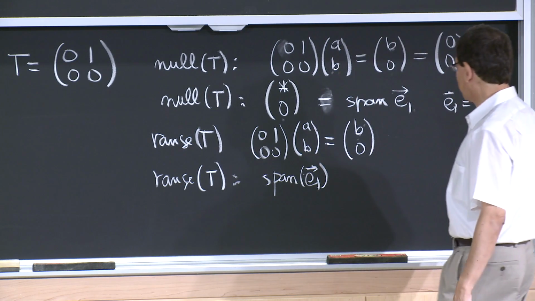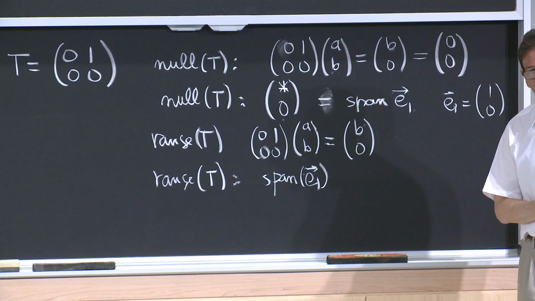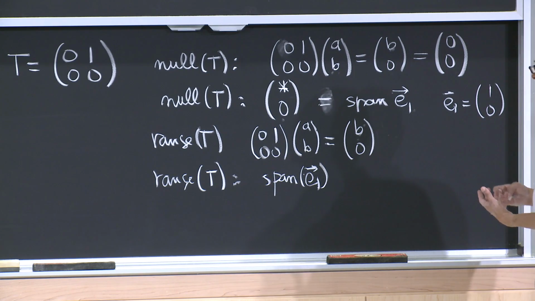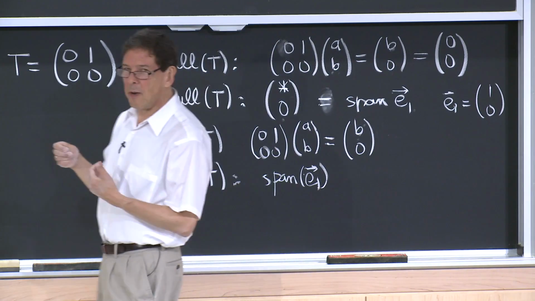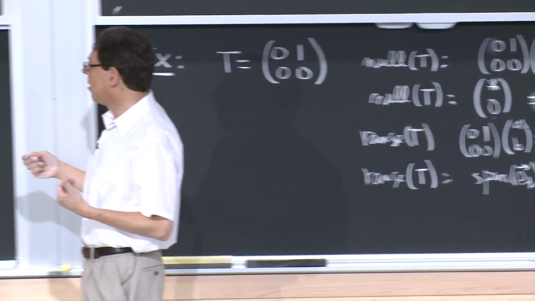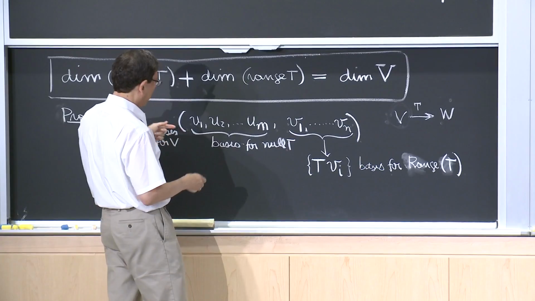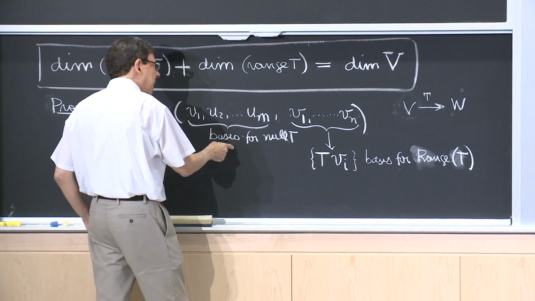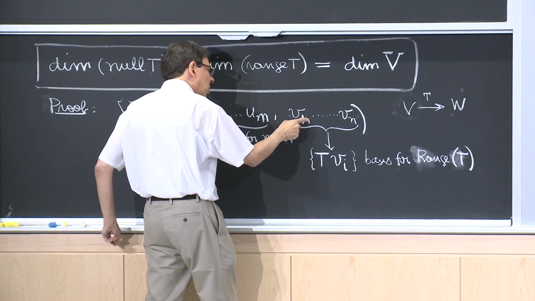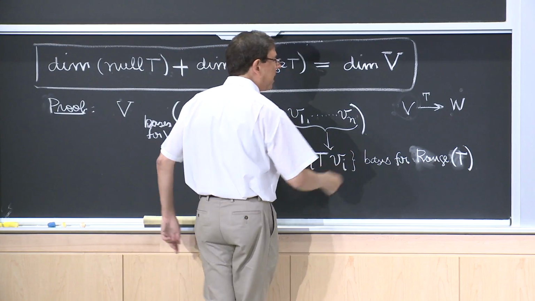You say, that's funny. The range is the same as the null, or what's going on here? But you shouldn't get confused. Look at what the theorem was supposed to be telling you, that for the vector space you have a basis for which you have some vectors that are a basis for the null, and some vectors which, acted on by T, are a basis for the range.